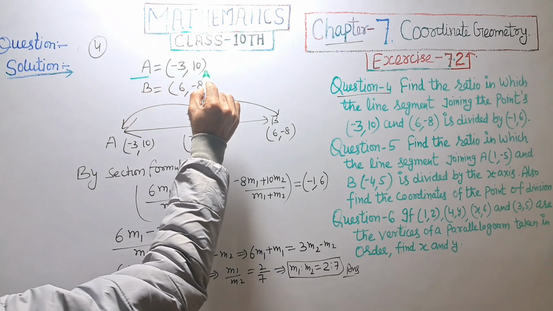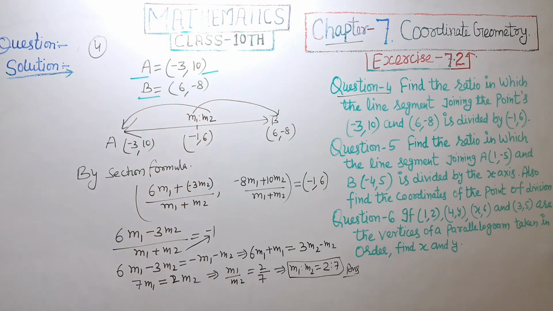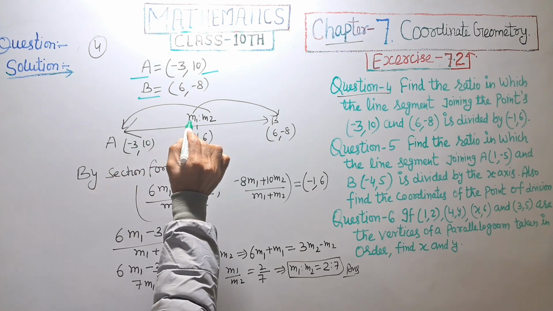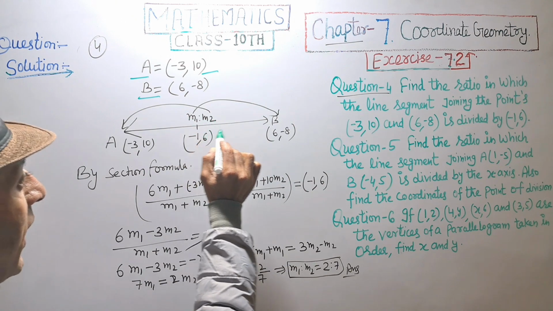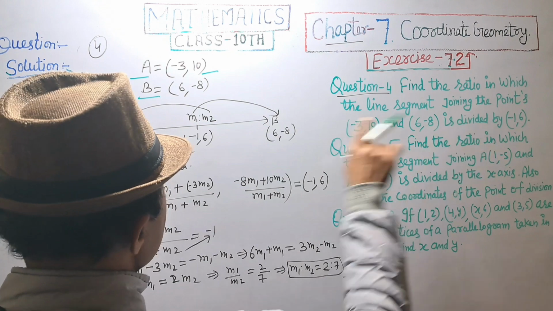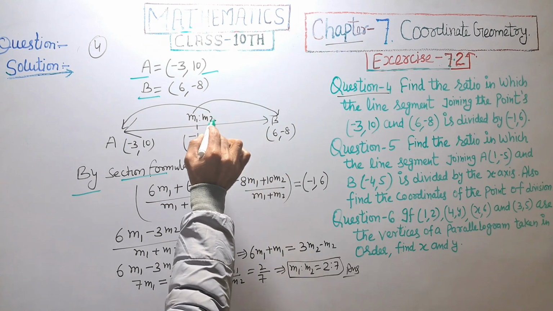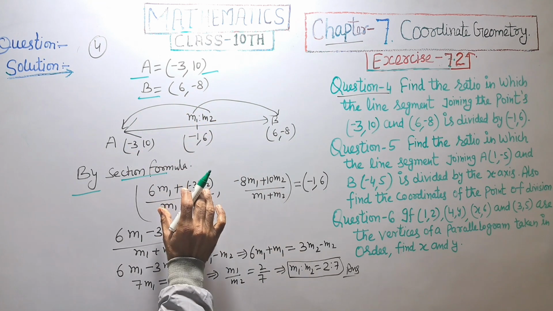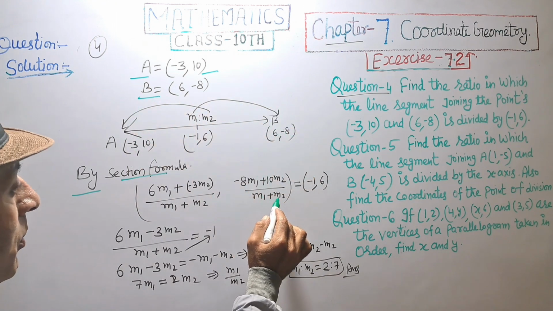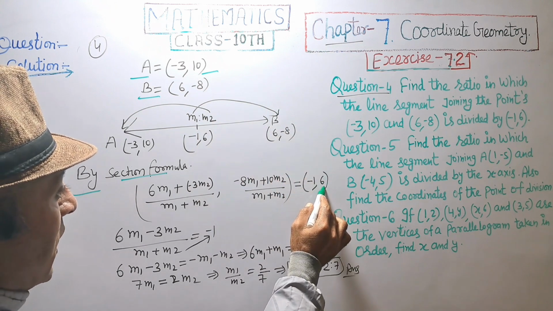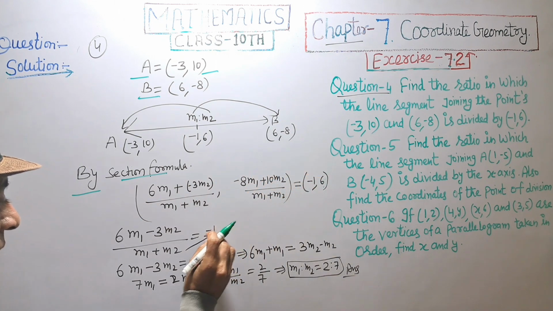Given A is (-3, 10), B is (6, -8). We want to find the ratio M1 to M2, and these two points are divided by (-1, 6). So by section formula, (m1x2 plus m2x1) upon (m1 plus m2) is the first point, and (m1y2 plus m2y1) upon (m1 plus m2) is the second point. First point is equal to -1.